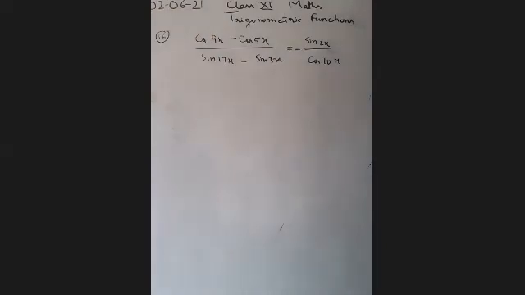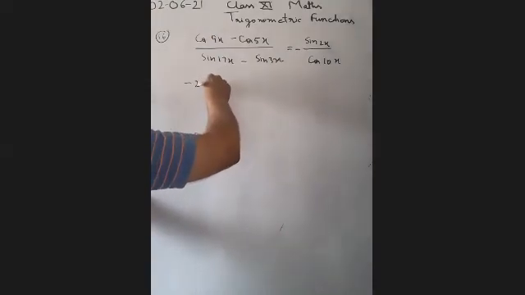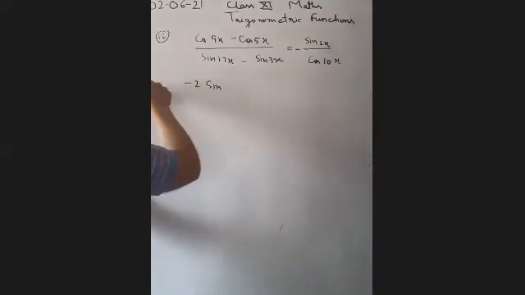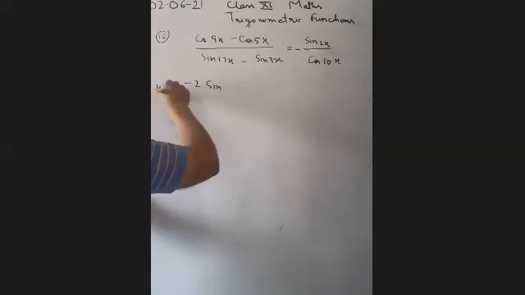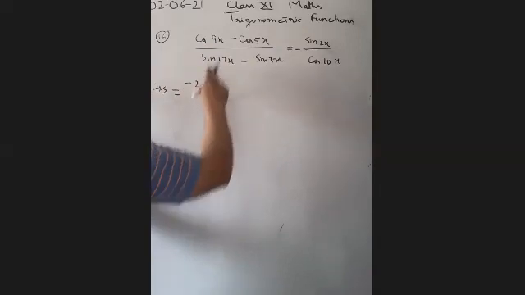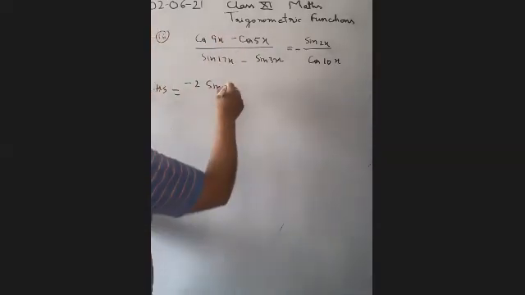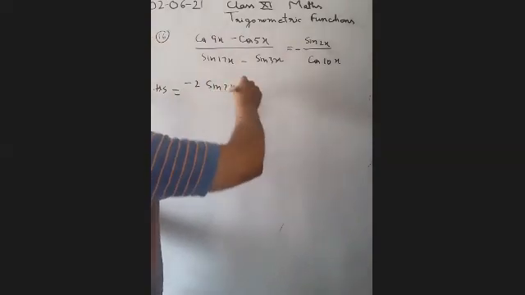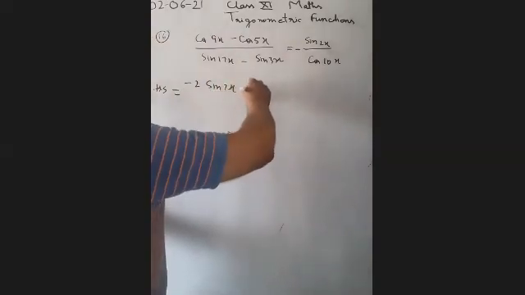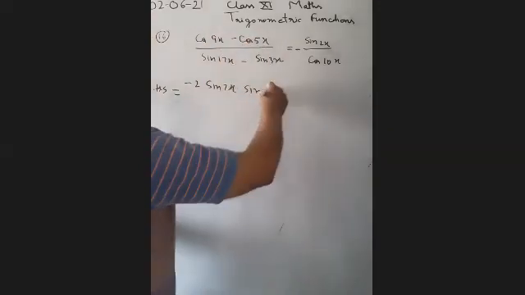If we use the formula cos C minus cos D, we will get minus 2 sin (C plus D), 9 plus 5, 14, divided by 2, you will get 7x. Again sin (C minus D), 9x minus 5x will be equal to 4x, divided by 2, you will get 2x.